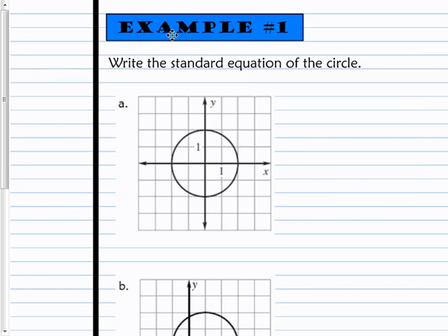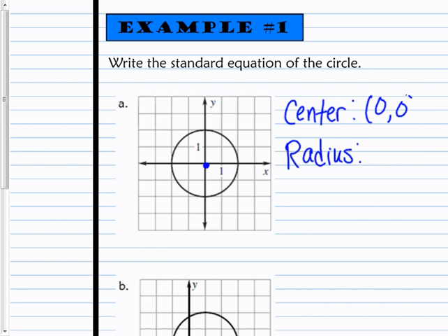We're going to try one of these. Example 1A, write the standard equation of a circle. Remember, we need to know the center of the circle and we need to know the radius of the circle. These are pretty simple ones. Hopefully you're able to see immediately that the center of the circle is (0, 0).